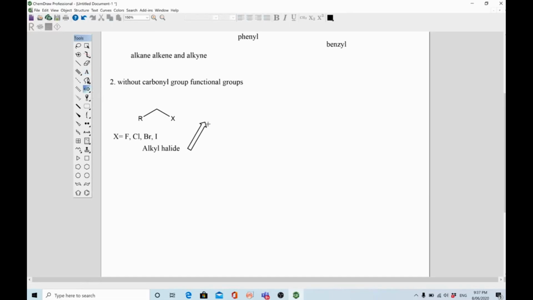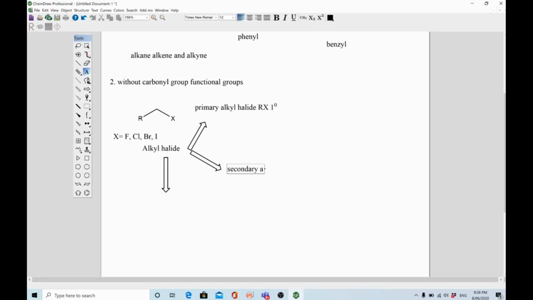There are 3 types of alkyl halide: primary, secondary and tertiary. So primary alkyl halides, we call them RX 1 degree.